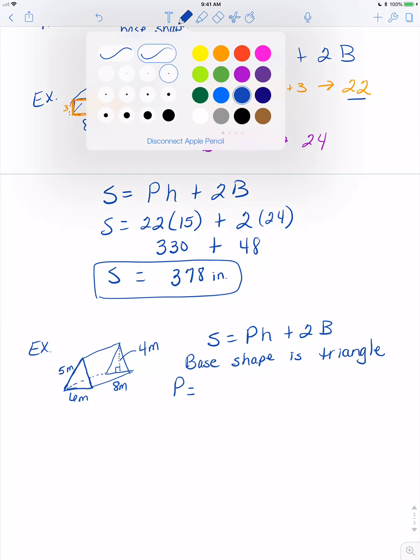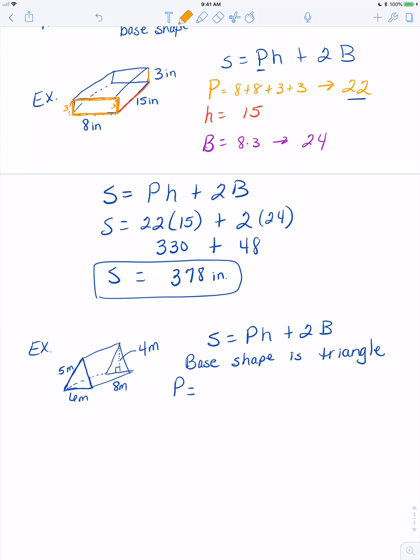Well, remember then, if this is 5, then this one also has got to be 5, and then this is 6. So 5 plus 5 plus 6 gives us a capital P of 16. Okay, the height of the shape, the whole shape, the height of that is this, 8.